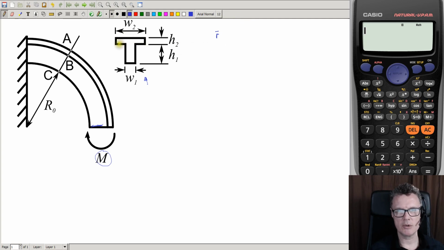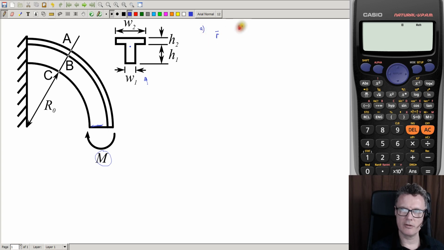So that just means I'm looking at this as just a plain cross section. Where's the center of that going to be? It's going to be somewhere about there, I would guess. So that'll be the first thing I'm going to find.